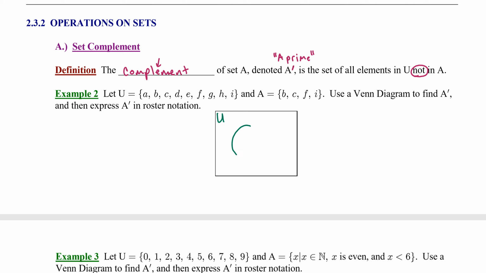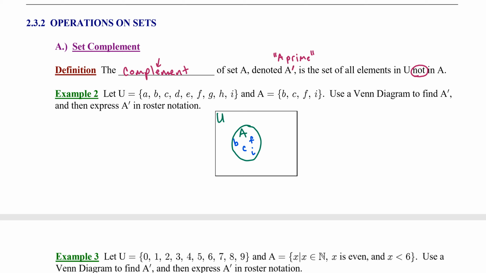A is a subset of our universal set U, so we're going to label this set A. I'm going to switch colors so we don't mix up all these letters. The elements that belong to A are B, C, F, and I, so we have drawn those elements within circle A to show that they belong to set A. Now, the universal set has more elements.